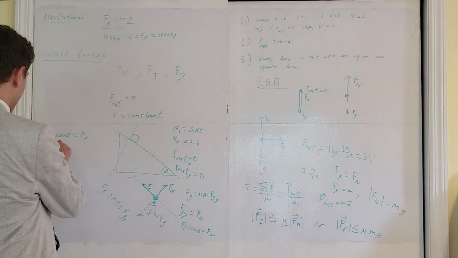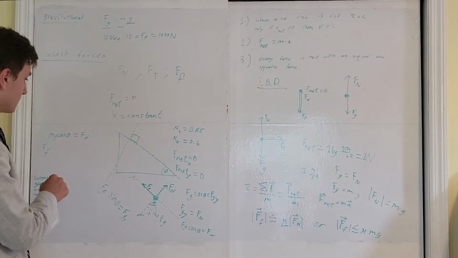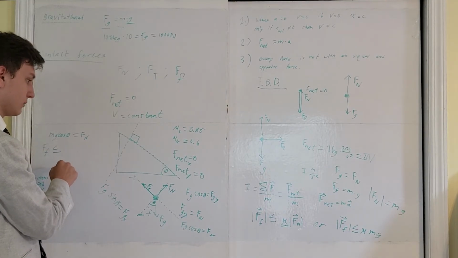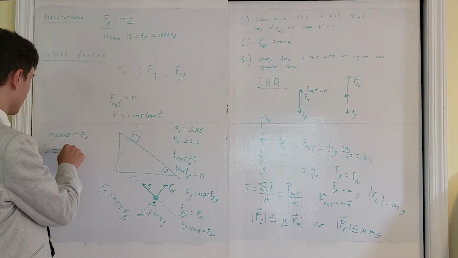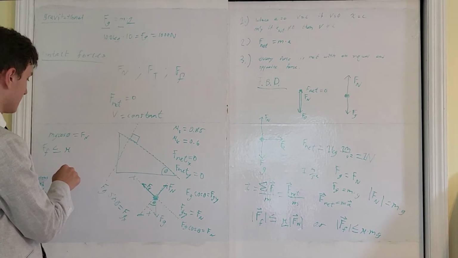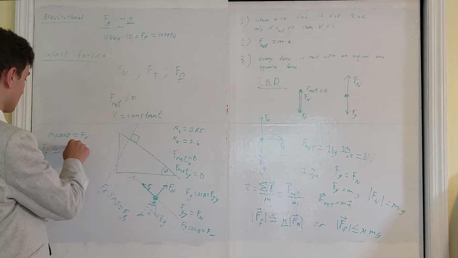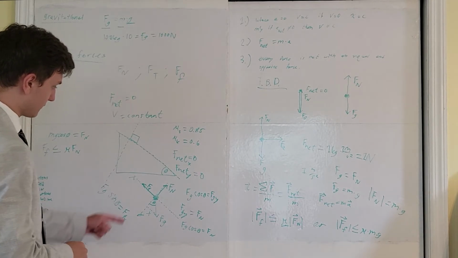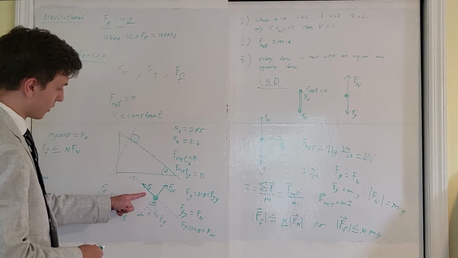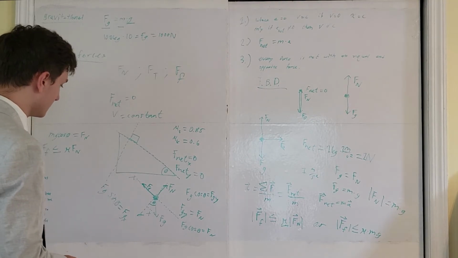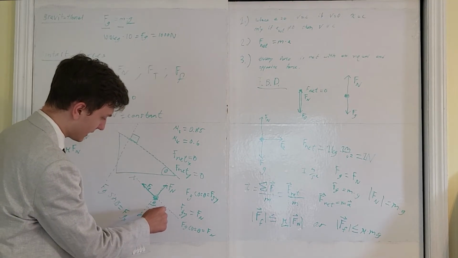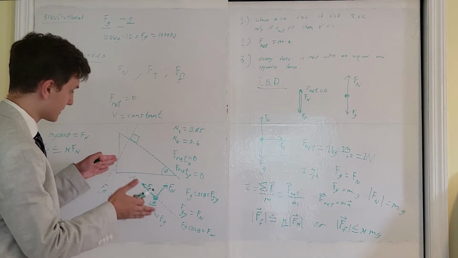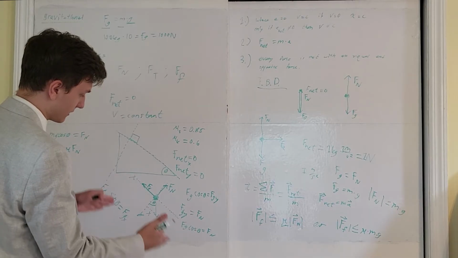We know that the static frictional force is less than or equal to the coefficient of static friction multiplied by the normal force. But we also know that the frictional force is working to oppose the x component of the gravitational force, because we know the block is not sliding along the incline.